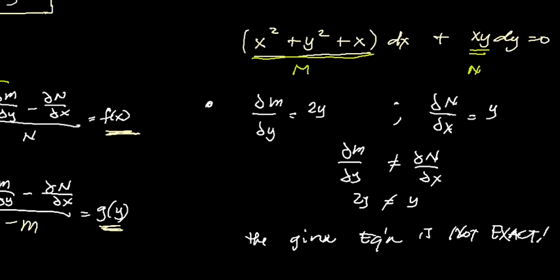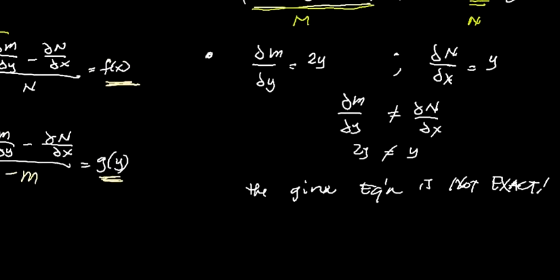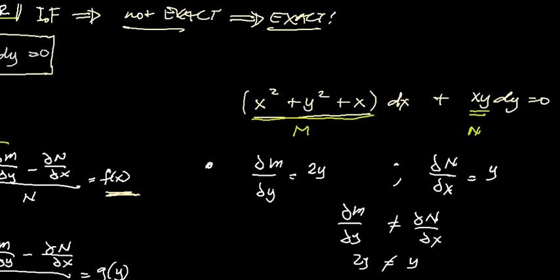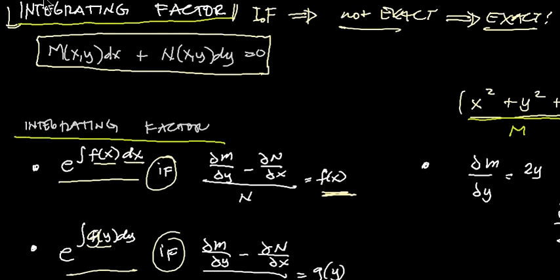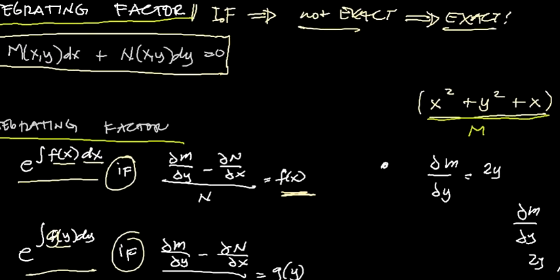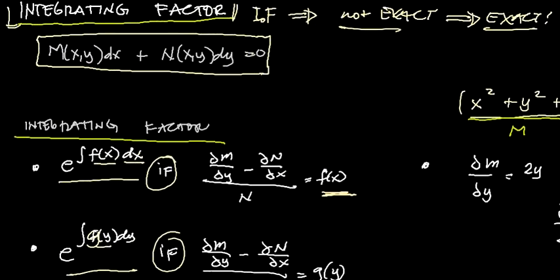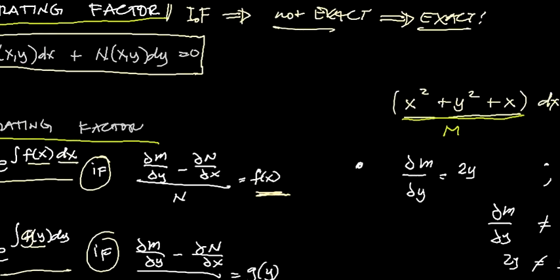Okay, so if this is not exact, then we need to make this equation exact by finding the integrating factor. So how? Let's use these two conditions. We need to determine which condition is applicable.